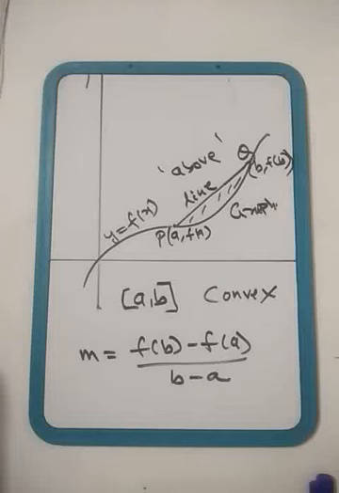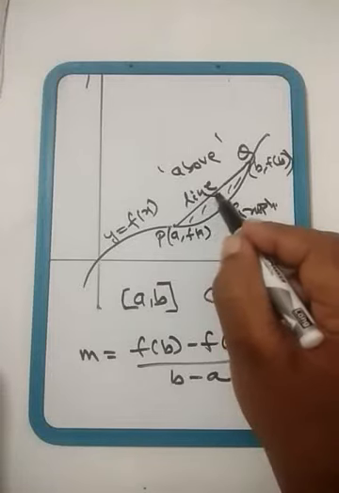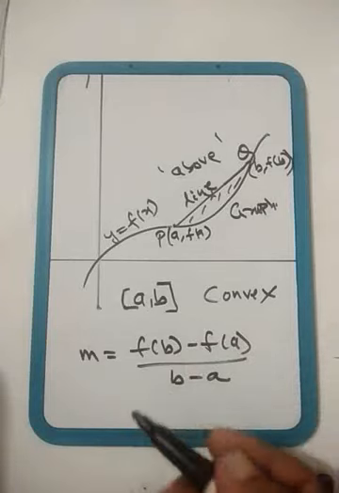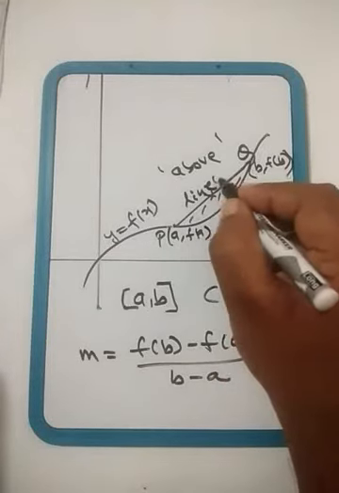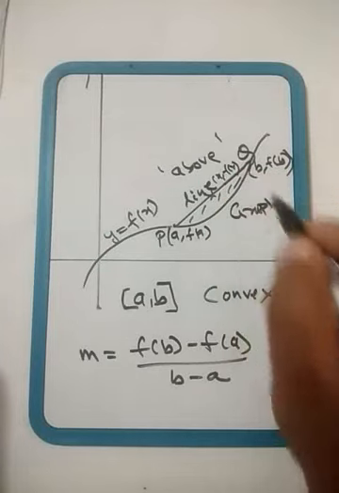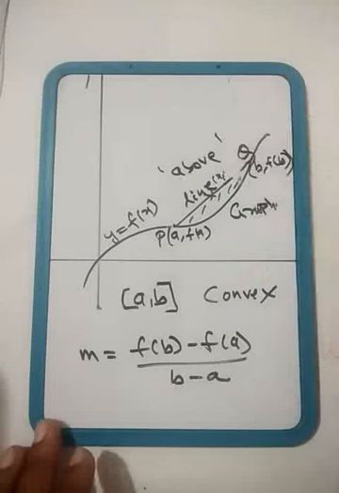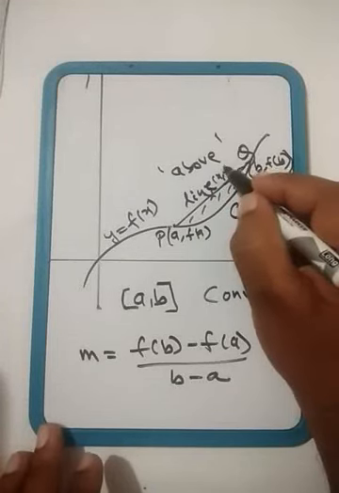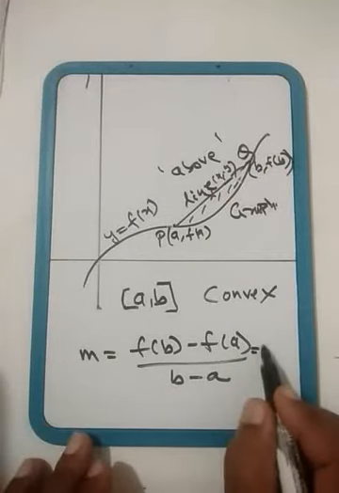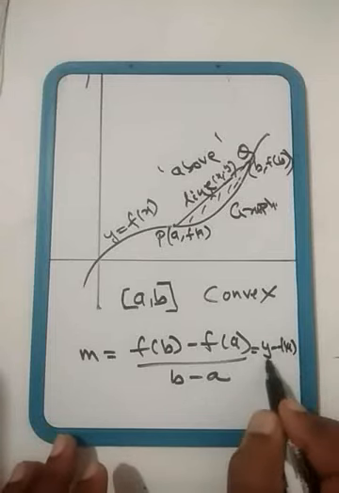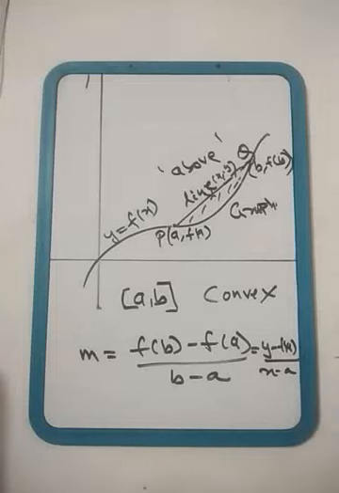In fact, if you take any point here, maybe say x comma y, it's not on the graph, then this is y minus f of a upon x minus a. So from this thing you can find the equation of the line of the PQ.